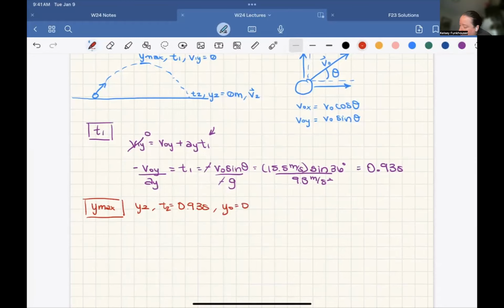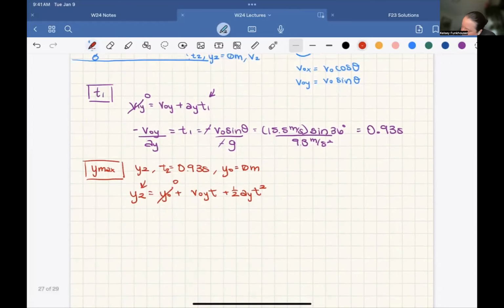And I'll say y naught is 0. So we're going to use this: y2 equals y naught plus v naught y t plus 1/2 ay t squared. Just that goes away, and this is what we're solving for, so we don't have to rearrange anything, so that's nice. y2 equals v naught sine theta times time, minus, because it's negative g, 1/2 g t squared.